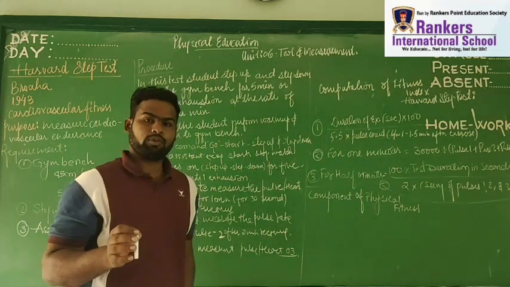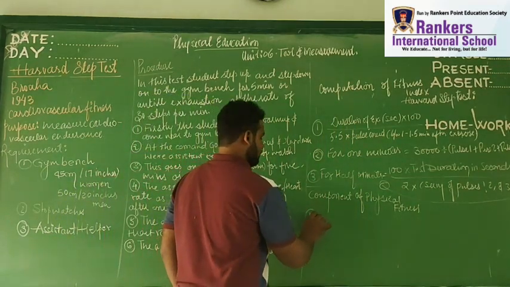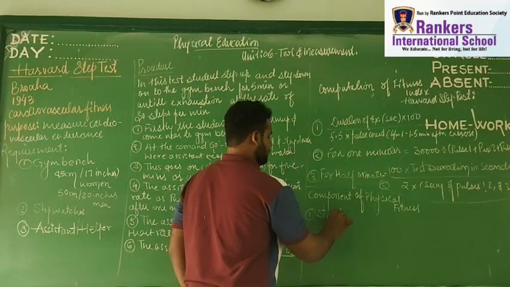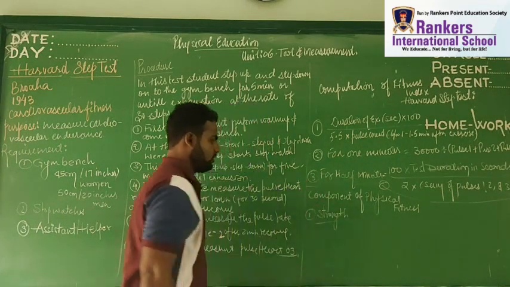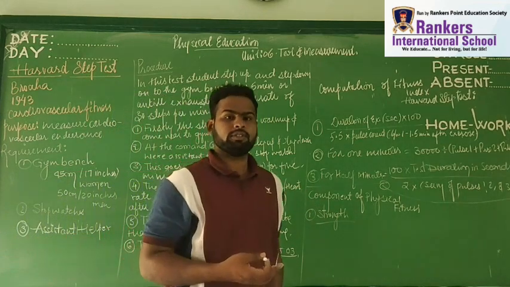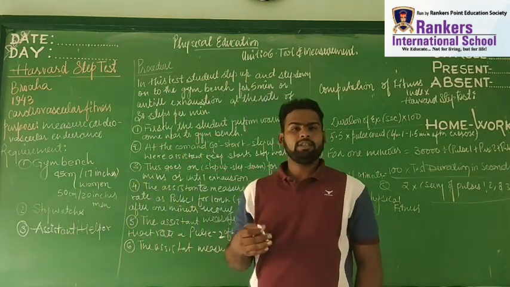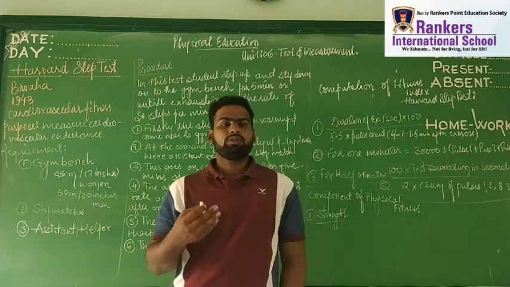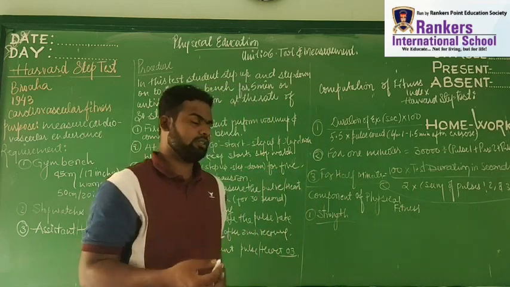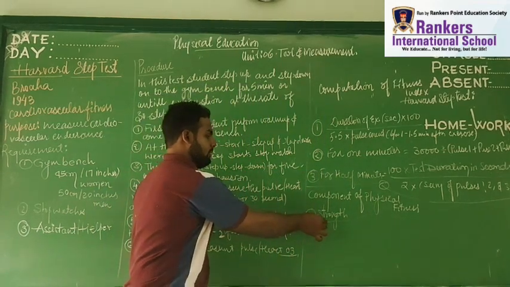The very first component I am going to tell you is strength. What is strength? Strength is the ability to overcome resistance. It means basically it is the power of our muscles. It may be static, it may be dynamic.